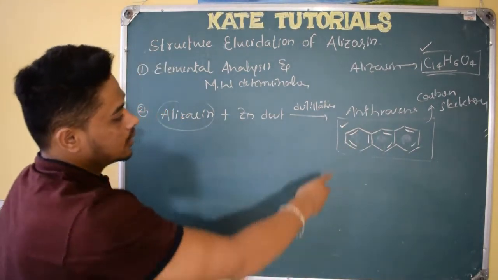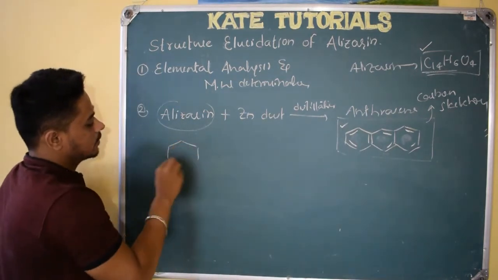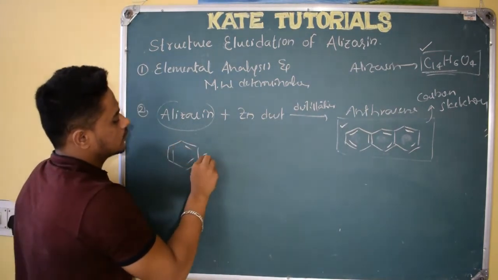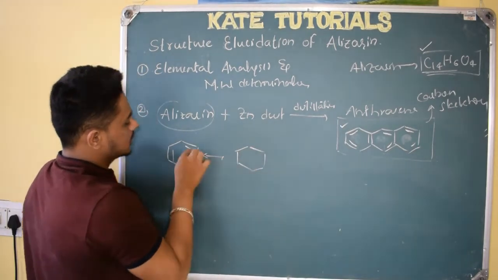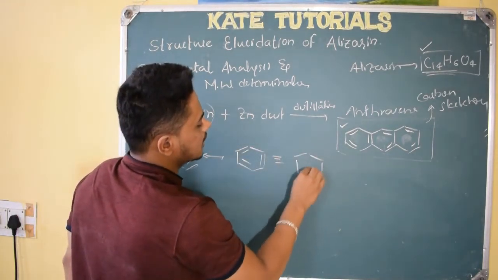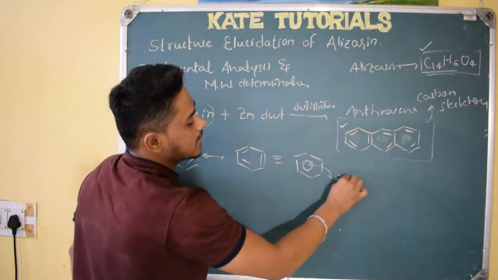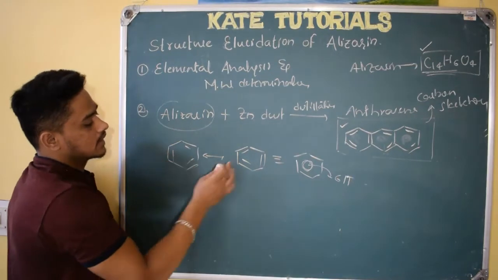I also told you we should not draw it as a circle, because the benzene ring, because of resonance, the pi bonds are shown like this. In the canonical structure we directly show it like this, and we assume it has 6 pi electrons. See here, count 2, 4, 6, here also 2, 4, 6.